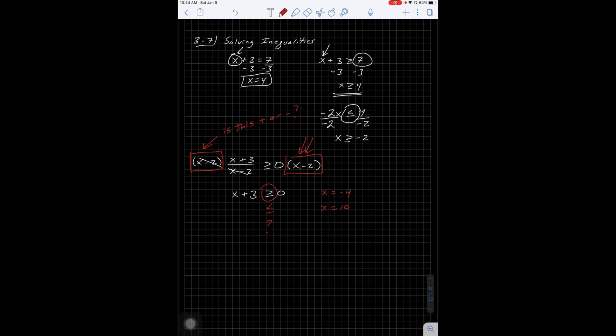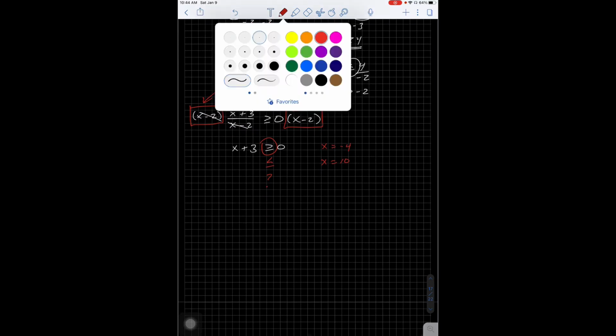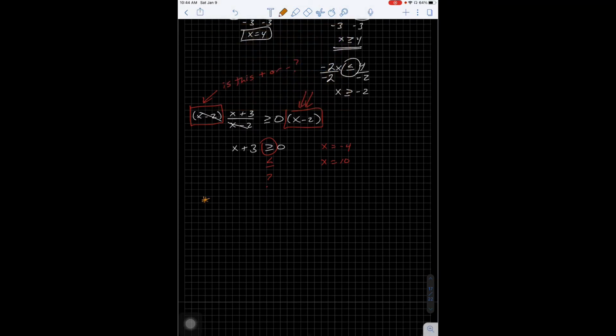So the problem with rational equations and polynomials and inequalities is that you cannot multiply through by an x term. Okay, so I'm going to write that rule here in orange. You cannot multiply or divide by an x term, or any combination of x terms, x minus 2 or anything with an x in it.